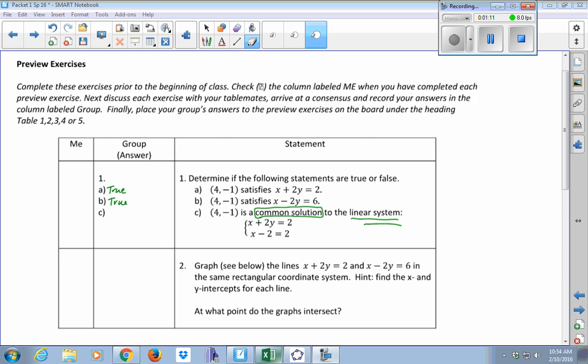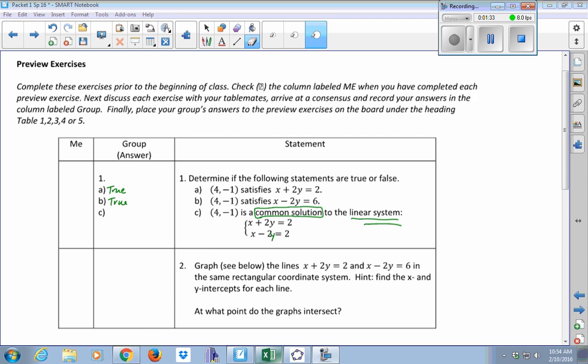Anytime you consider more than one linear equation at a time, it's called a system of equations, a system of linear equations, okay? So we're looking at these two equations at the same time, and there's a little typo in here. This should say x minus 2y, okay?